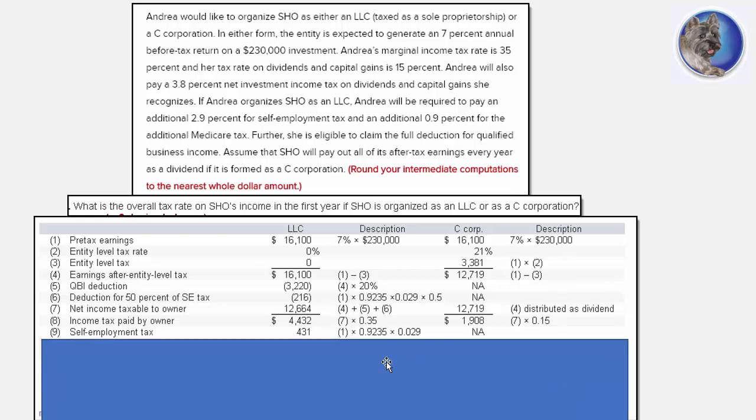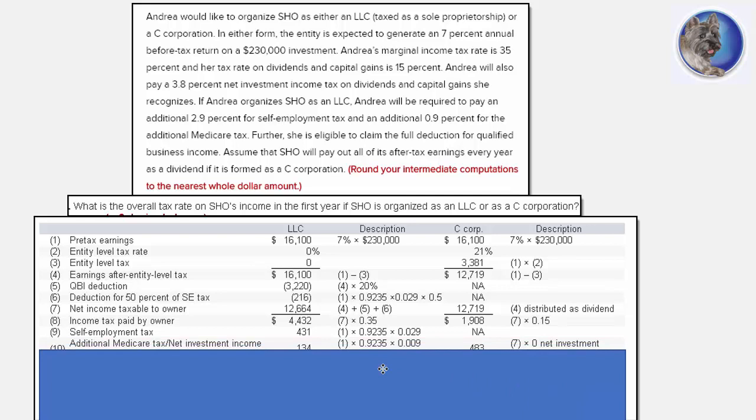So we take the 9,235 times the 2.9%. And then there's the additional Medicare tax and the net investment income tax. That's $134. So now we're taking that same 92.35% times the 0.009, the additional 0.9% for the additional Medicare tax.